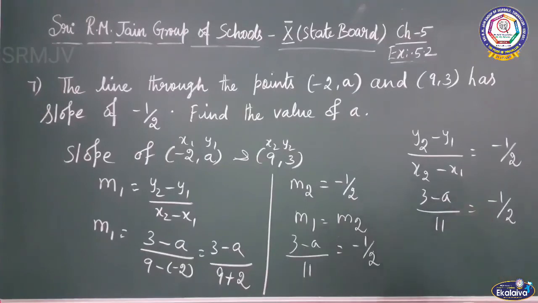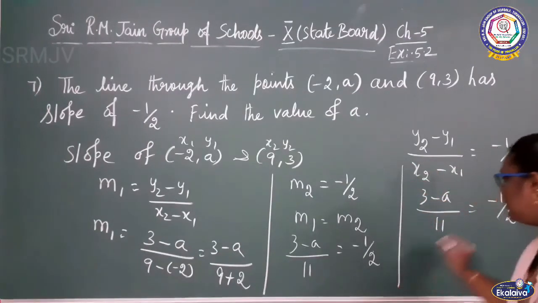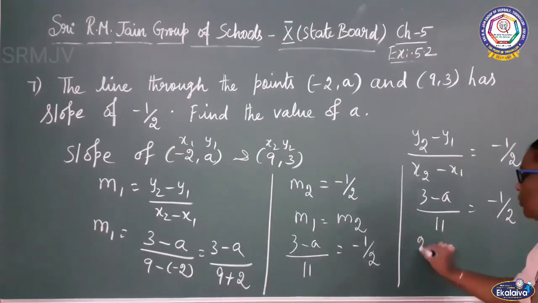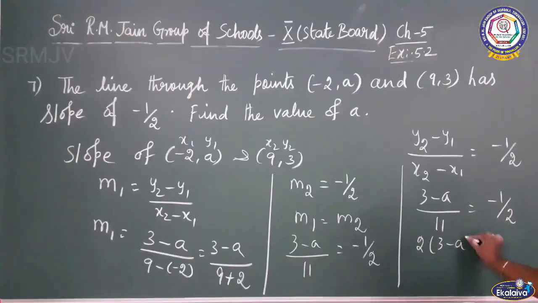Do the cross multiplication. What value are we getting now? 2 into 3 minus a equals minus 11. Multiply inside the 2 value, we get 6 minus 2a equals minus 11.